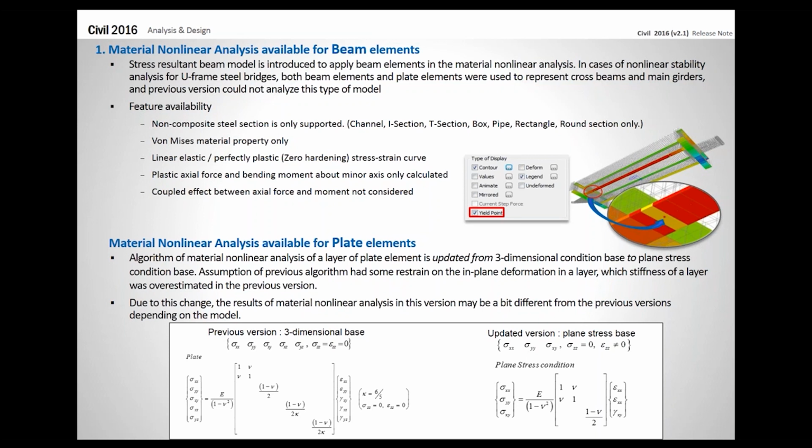Selected section properties are shown above: channel, I-section, T-section, box, pipe, rectangle, and round section. Those are all pre-composite steel sections, and there are some prerequisite assumptions underneath those section properties, such as von Mises material property from plastic material properties only, and a linear elastic, perfectly plastic, zero hardening stress strain curve will be considered.